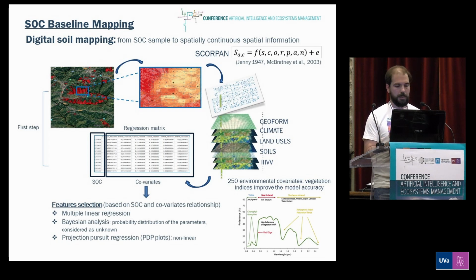As a second step, we have to choose the right environmental variables. So we will use, for the feature selection, multiple linear regression, Bayesian analysis, and projection pursuit regression.